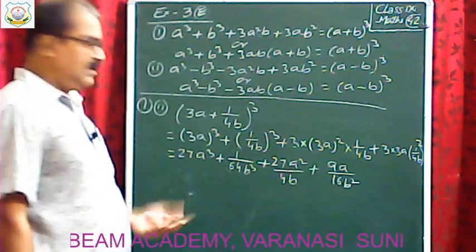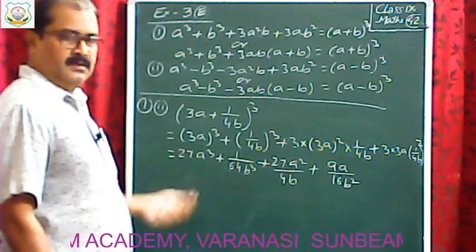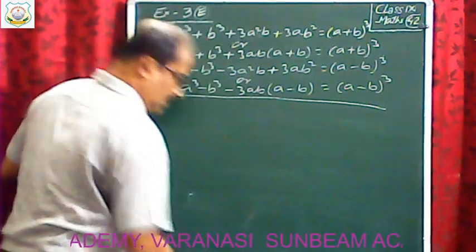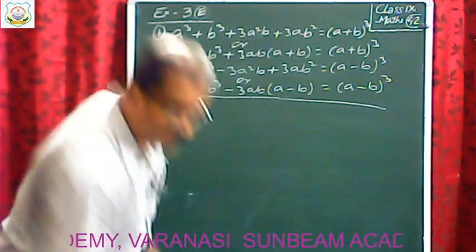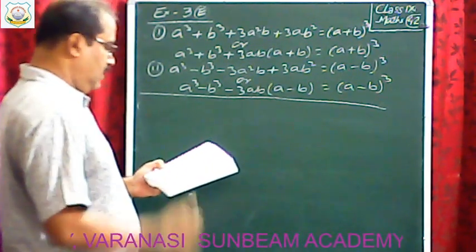Okay, now converse. Now the expanded form, and this polynomial will be given, and you have to factorize. The same thing, just converse. Questions number 3 to 9 are all similar.